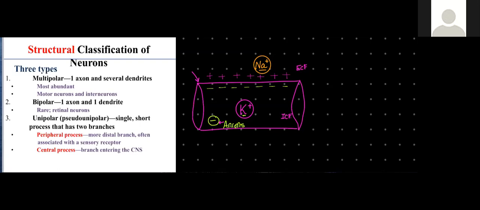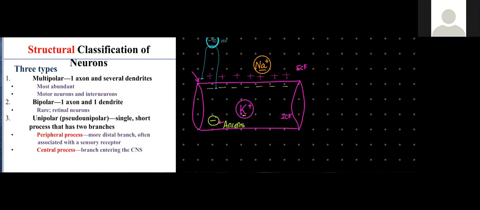So we decided to measure, if you remember last time, the difference between the inside and the outside. We'll find out that inside is more negatively charged than the outside by a value of 70 millivolts.